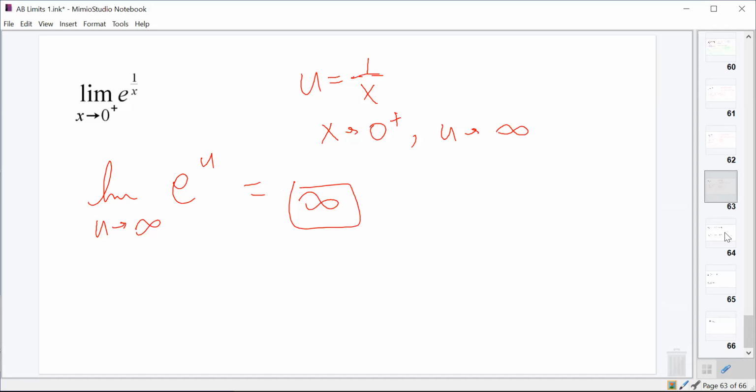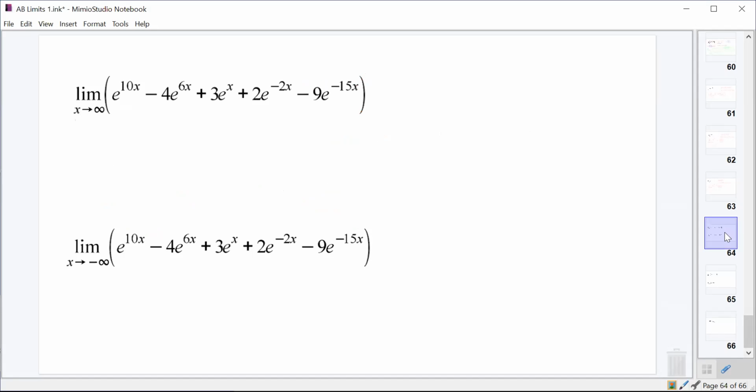Okay. Now let's look at one that's just a little bit different. Any thoughts on what we should do? Probably just try to plug in the infinity first and see what happens.